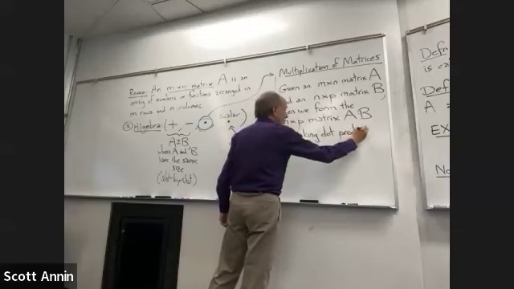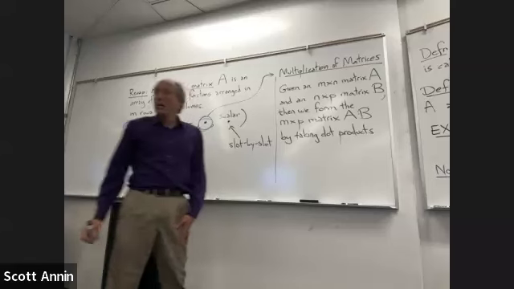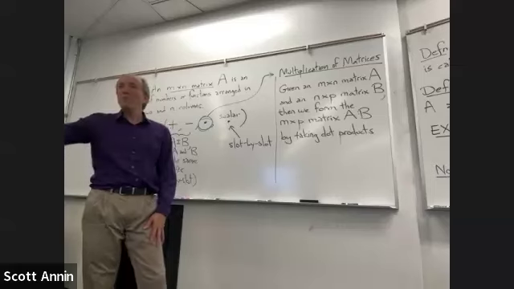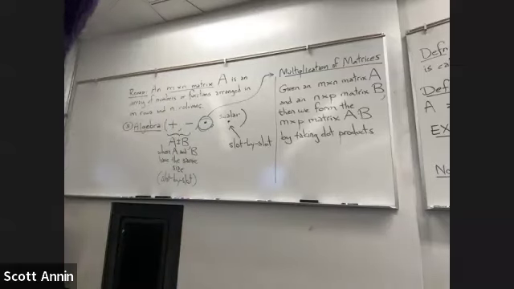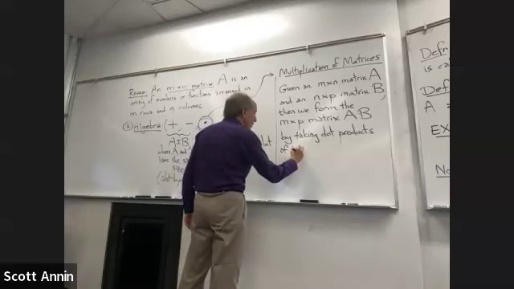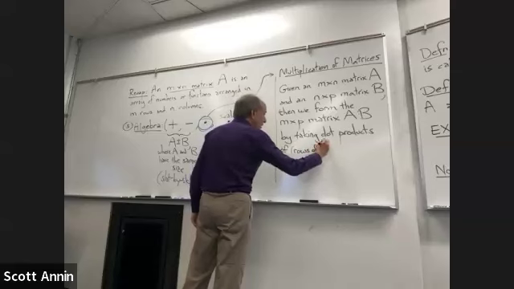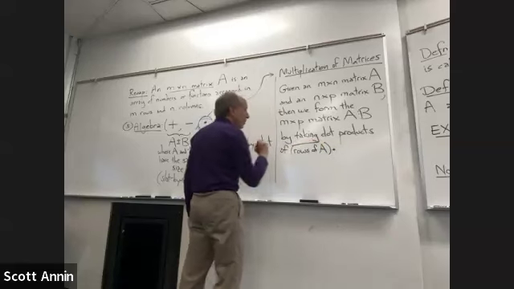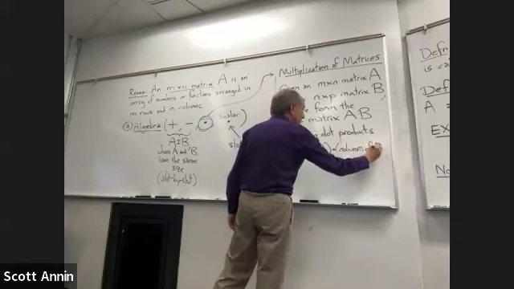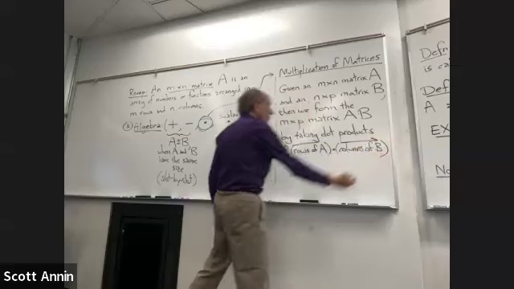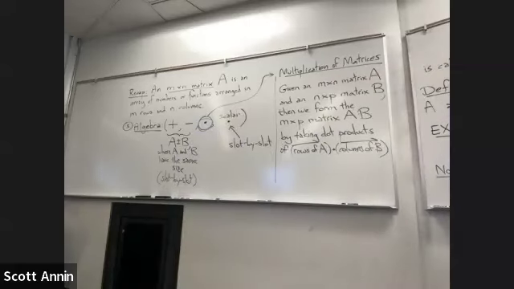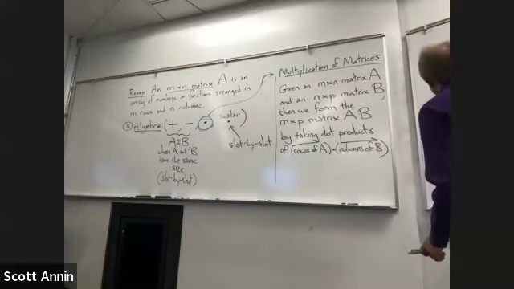Oh my goodness. You guys remember dot products from Calc 3? You have some vectors and you want to dot them together. There's a simple little calculation you do. Dot products of rows of A, and those are vectors, dotted with columns of B, and that's also a vector. So we're going to do dot products of the rows of the first matrix with the columns of the second matrix.